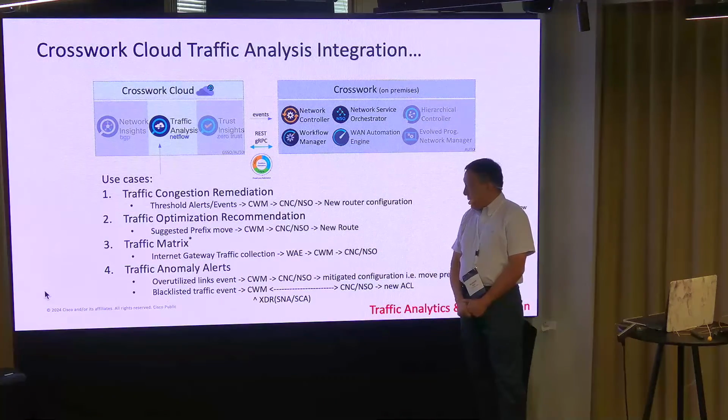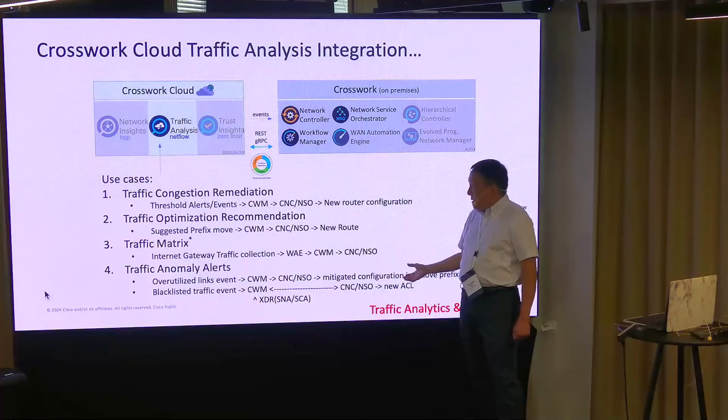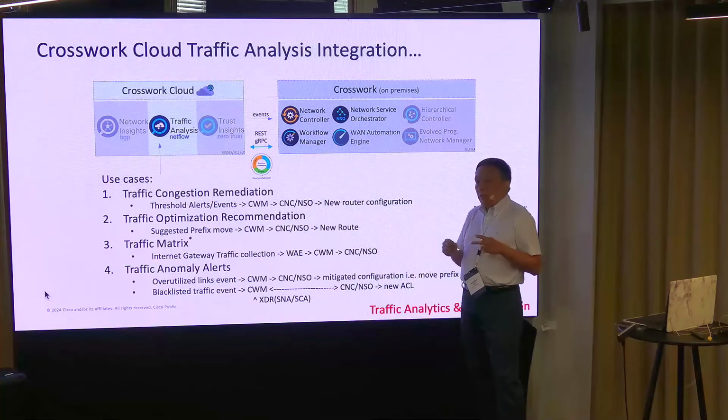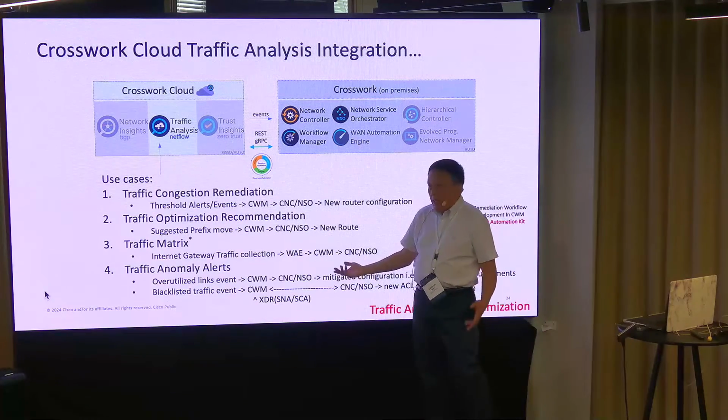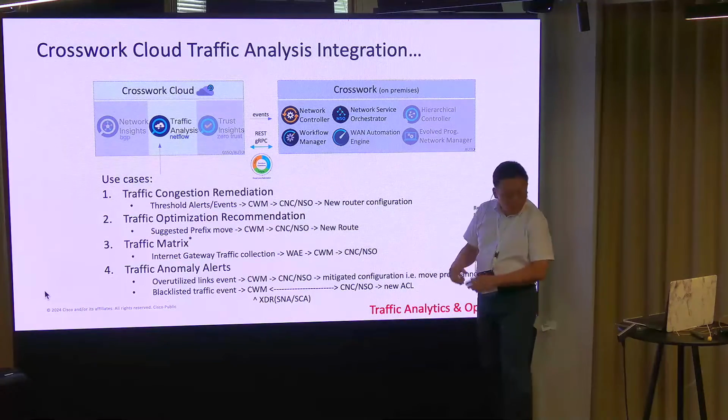Anomaly alerts, what's that? This is one of the security sides of traffic analysis. You have traffic that is going to high-risk sites with ASNs or prefixes. If it's zero, it's great, but if it's very minute, you just want to pay attention to that and maybe block it on the network somewhere, somehow.